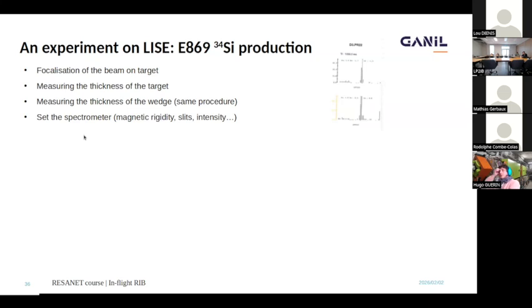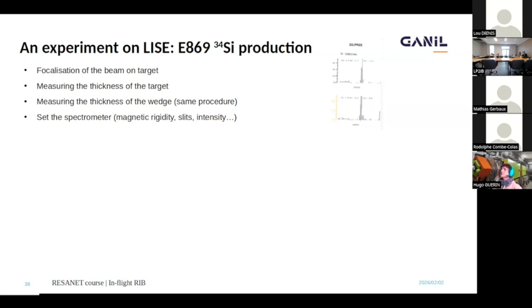Then, the second thing we have to do is measuring the thickness of the target. To do that, we do a simulation with the LISE++ code, and we first send the beam through the magnet without putting the target, and we measure the Bρ, the magnetic rigidity.